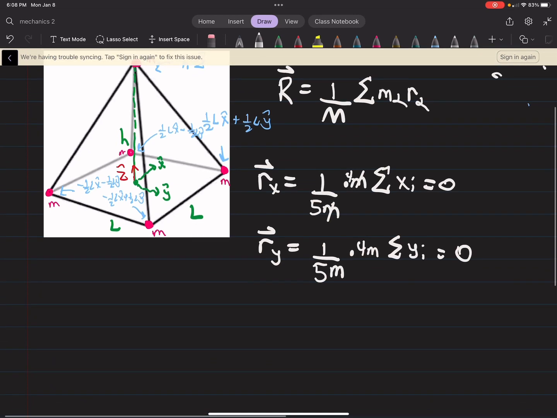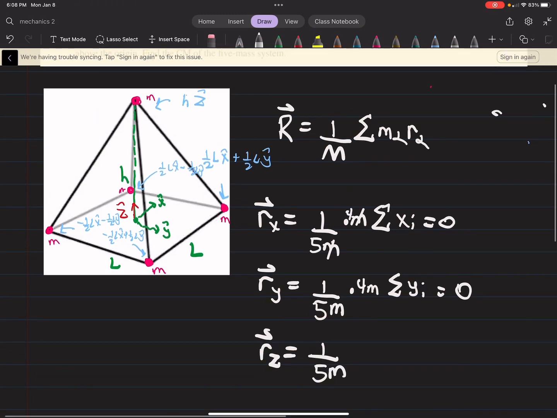Okay, so then the next thing is the z direction. 1 over 5m. Now there's only one point mass that has anything in the z hat direction, and it has a mass of m, and its distance from the origin, they say, is just h.